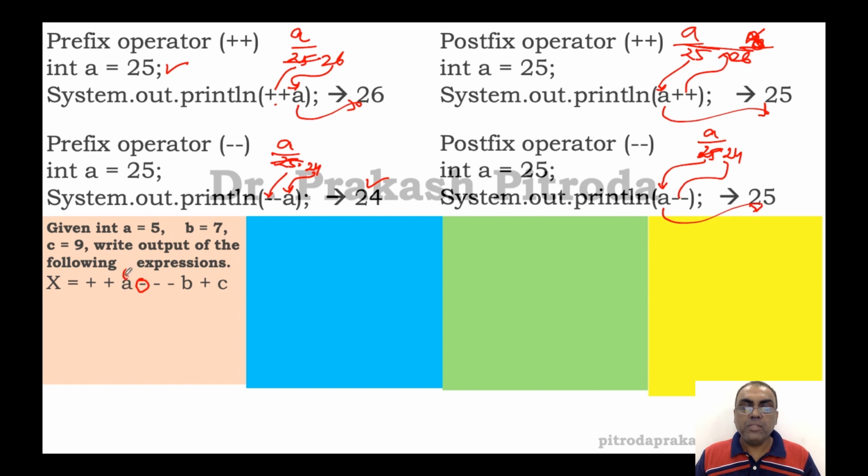So I'm just writing a small 6 over here. Minus as it is, --b will decrease the value to 6 and apply here 6. So 6 minus 6 is technically 0, plus c, which is 9. So let us see how it is solved. It is solved as 6 minus 6 plus 9. So the value is 0 plus 9, which is 9. I hope you have understood this.